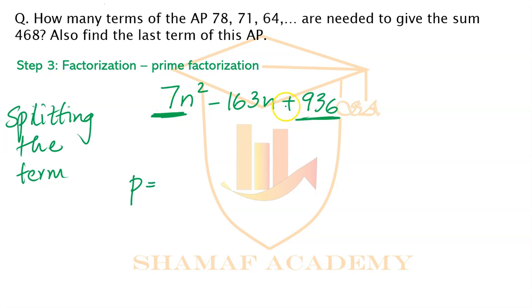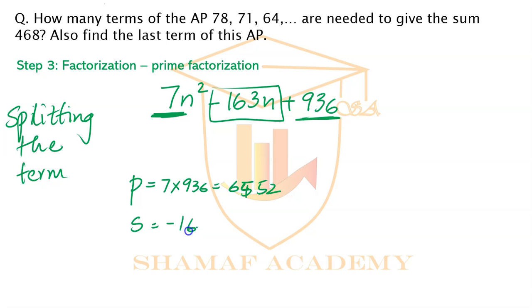So 7 times 936 is our product, which gives me 6,552. And we have our sum, which is the middle numerical coefficient. The numerical coefficient of minus 163N is negative 163. So our product is 6,552 and our sum is negative 163.